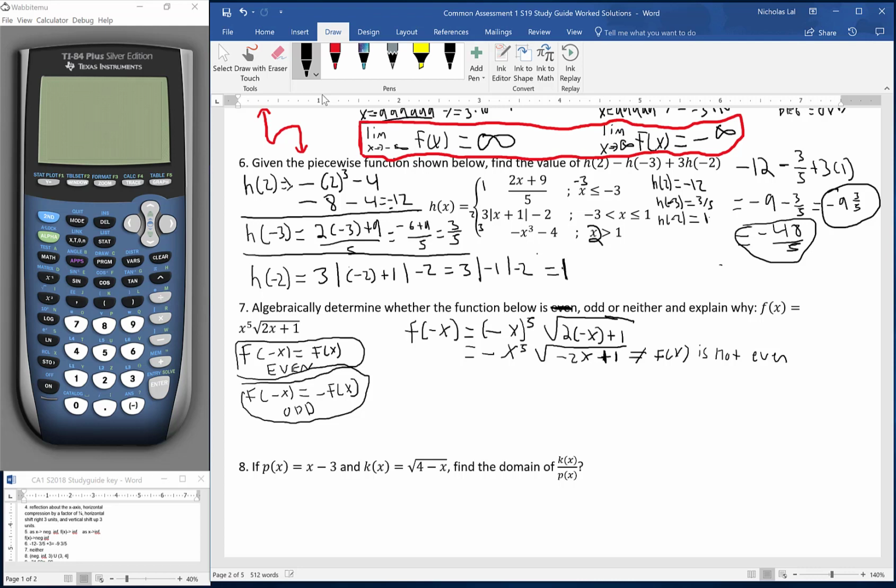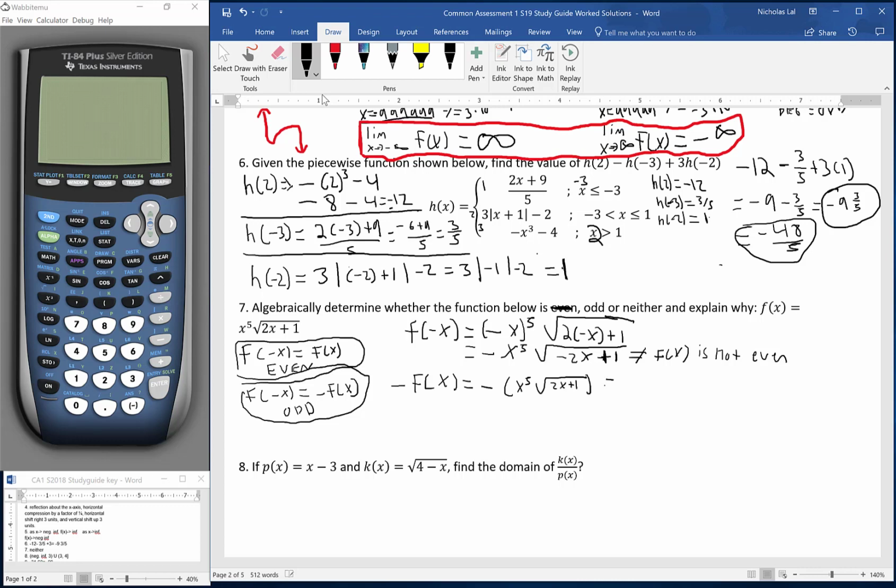Now let's find negative f of x. Negative f of x is, we take f of x and we multiply it by negative 1. So that is just negative x to the fifth times the square root of 2x plus 1.